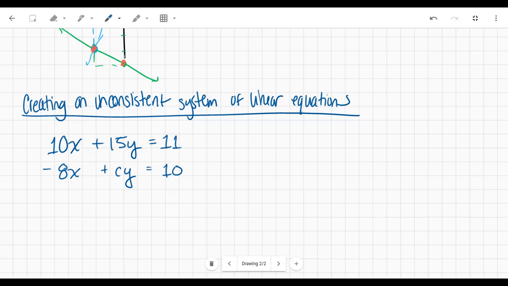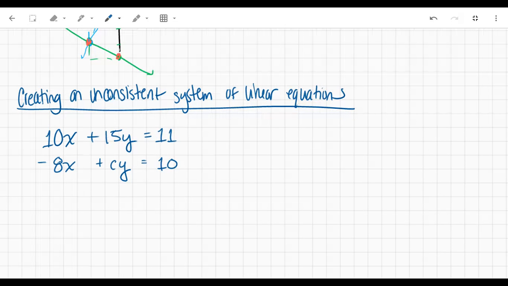I'm just trying to think here how they want you to do it. Okay, I think the easiest way to do this is to figure out how you can get these to have the same slope. So we're going to rewrite these in slope-intercept form.